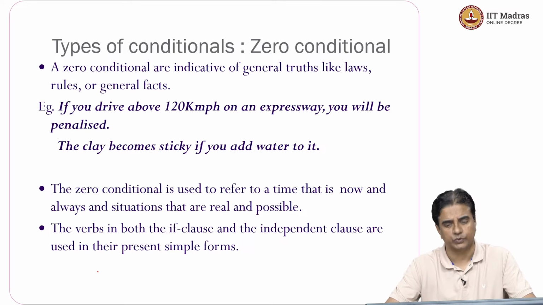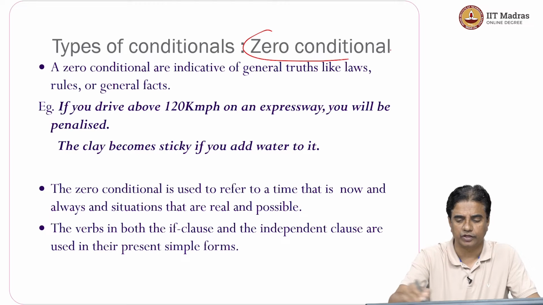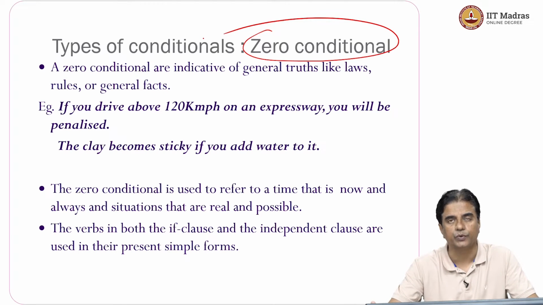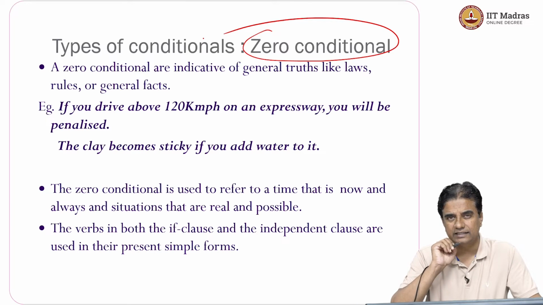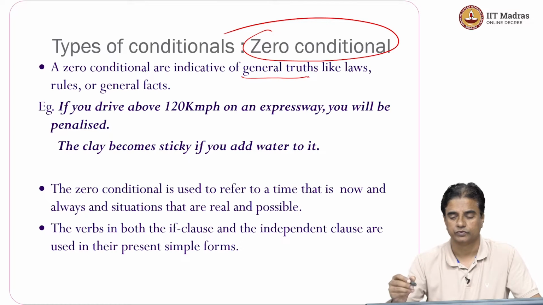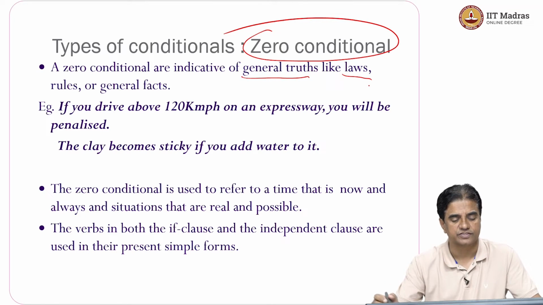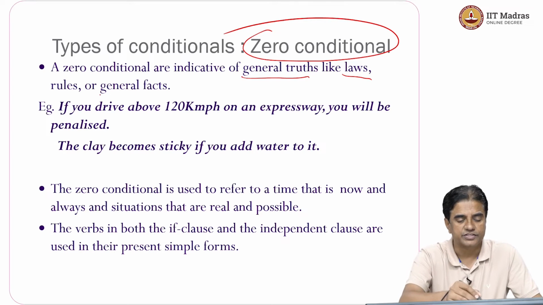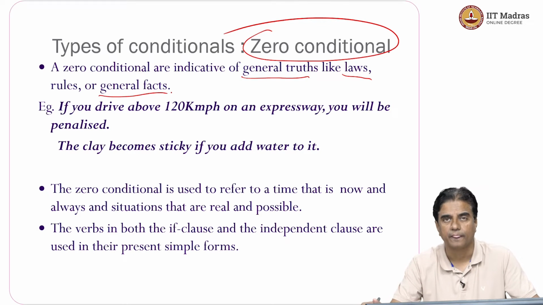So what is a 0 conditional? It's used when we are talking about general truth or natural laws or general facts. Such types of sentences are called 0 conditionals.